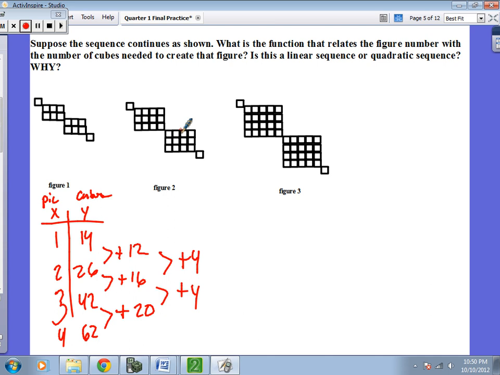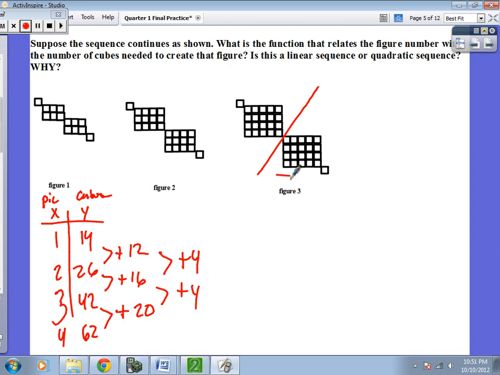So the rule, the function, let's look at picture 3. Now here's what I see. It's kind of symmetrical. If I fold it across this line right here, they're going to match up right on top of each other. So I can just look at either one of them and times it by 2. But you do have to see that they're just copy and paste, that they're duplicates.